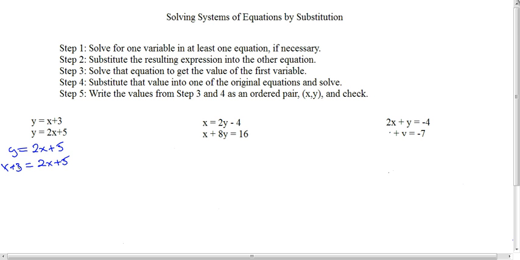So okay, and here we will combine our like terms, and let's start by subtracting 5 from both sides. So back to the old drawing board. That would give us x plus 3 minus 5 is equal to 2x plus 5 minus 5.